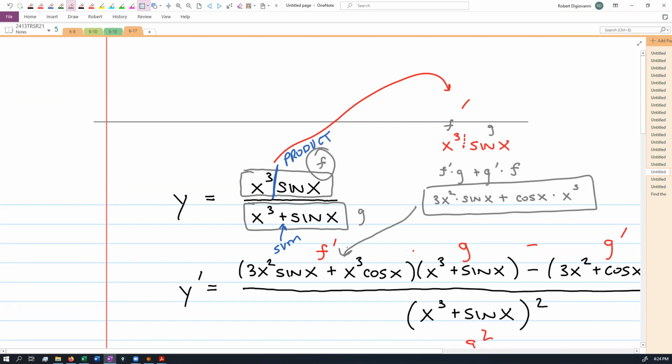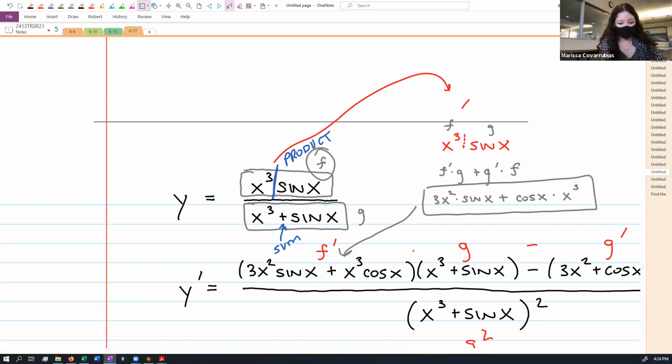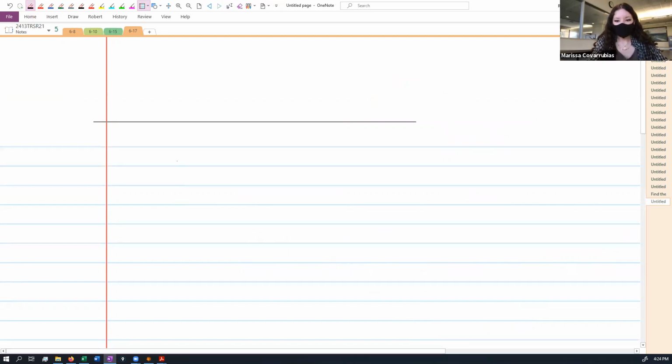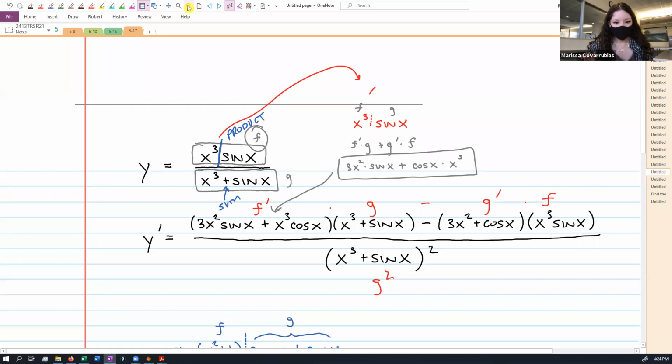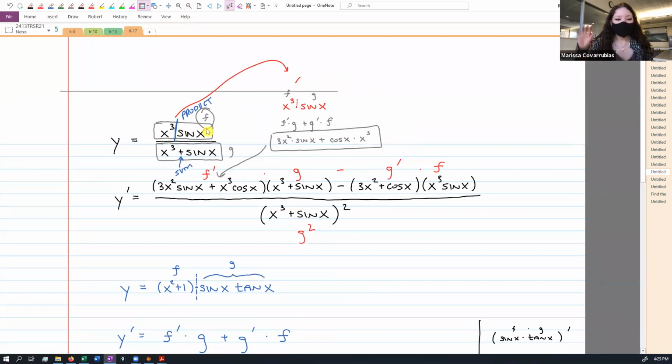Okay, I still feel like you're missing something here. No, I understand it. So you get that from the product rule, right? And then in the formula for the quotient rule, aren't you supposed to find the derivative again? No. From that? Does that make sense?